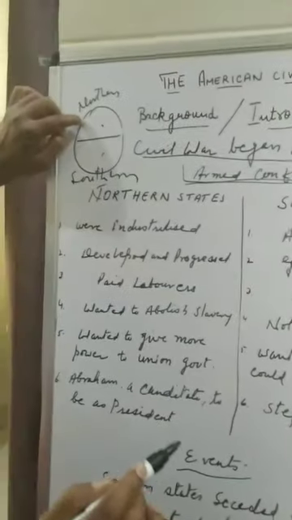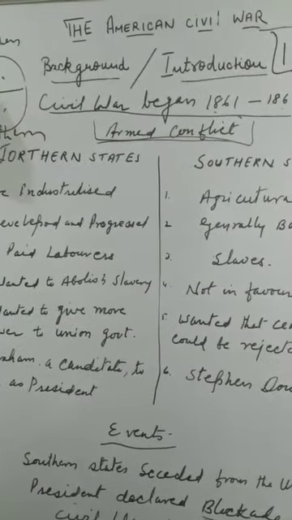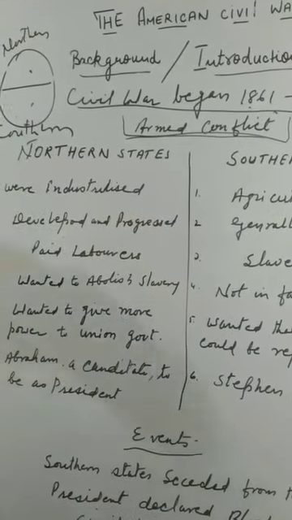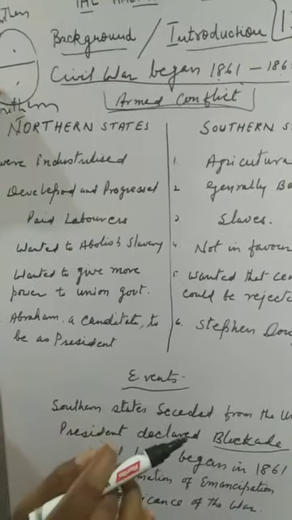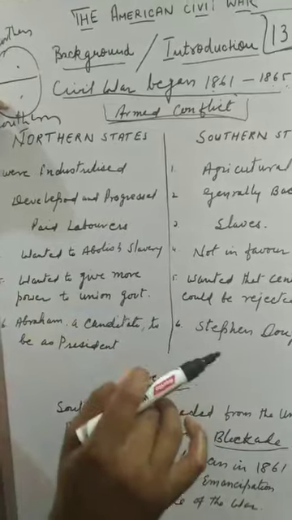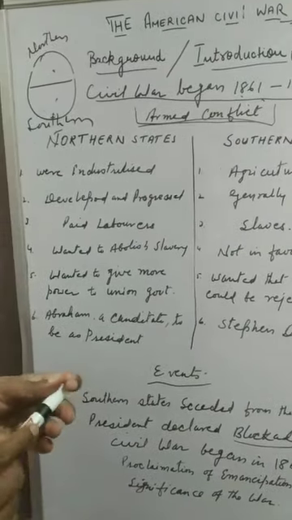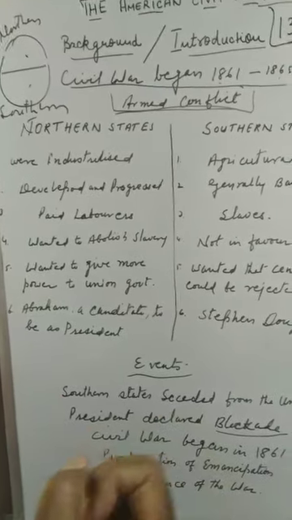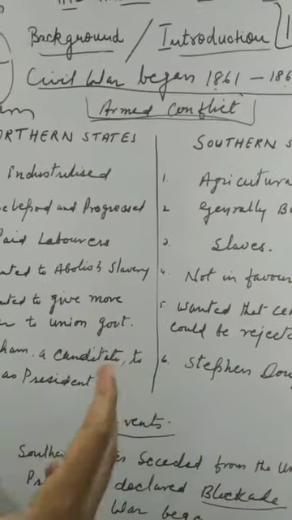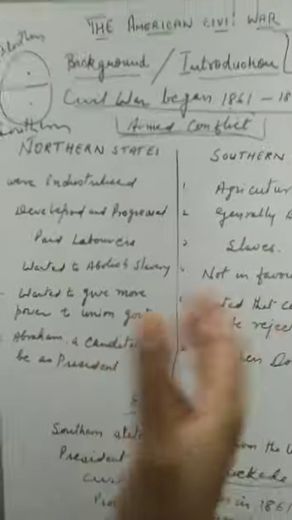Northern states supported the union and southern states wanted to secede, get separated from the union government. Now, students, whenever I teach world history, I give the example of India.